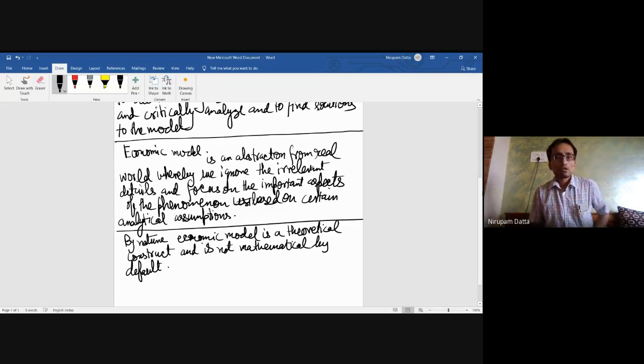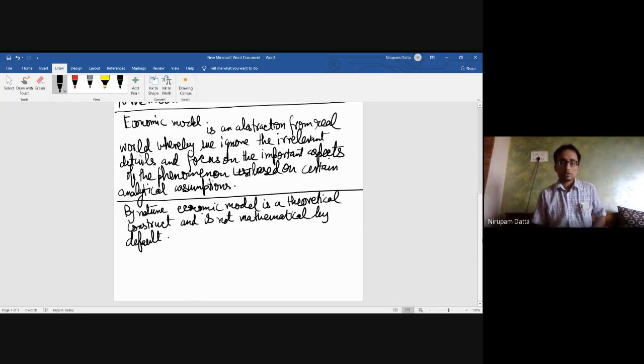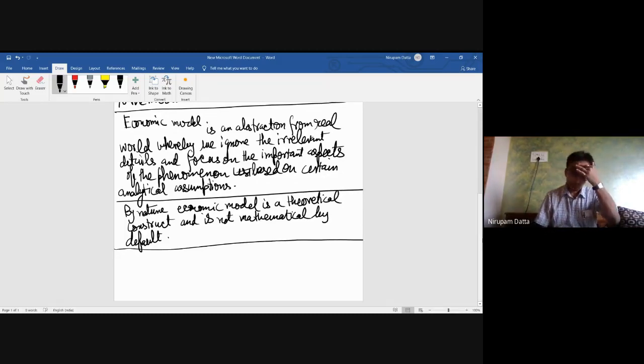You can also use language, that is any spoken or literary language such as English, to describe the economic model based on certain analytical assumptions.